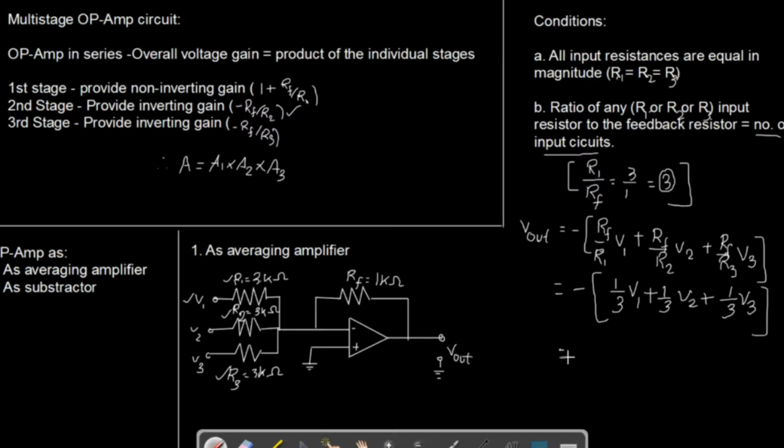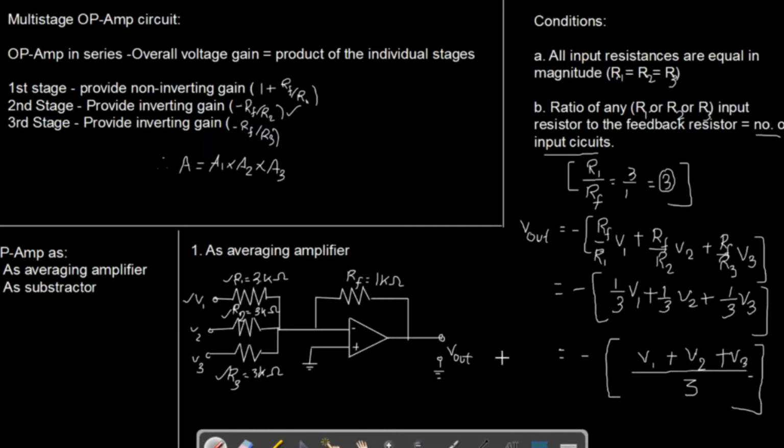If you take this with the minus, you can take this to be the average of V1 plus V2 plus V3.